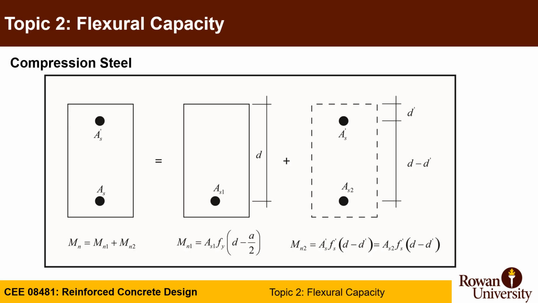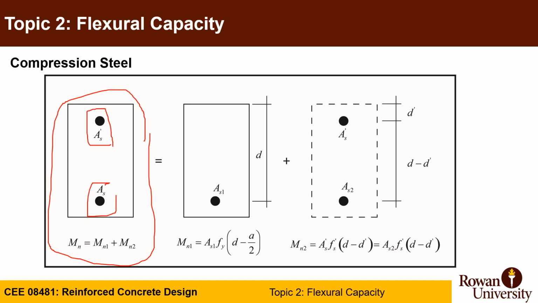So in this case, you can consider a cross section with compression steel, we're going to call it AS dash. Tensile steel is AS. As contribution of two moments. The first one is a concrete section, the entire rectangular section, with AS1, and a section that doesn't have any concrete, but only reinforcement.